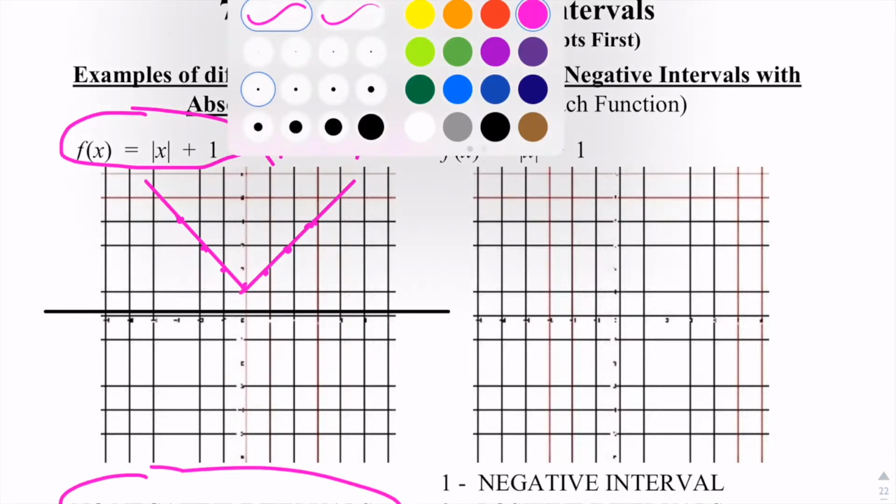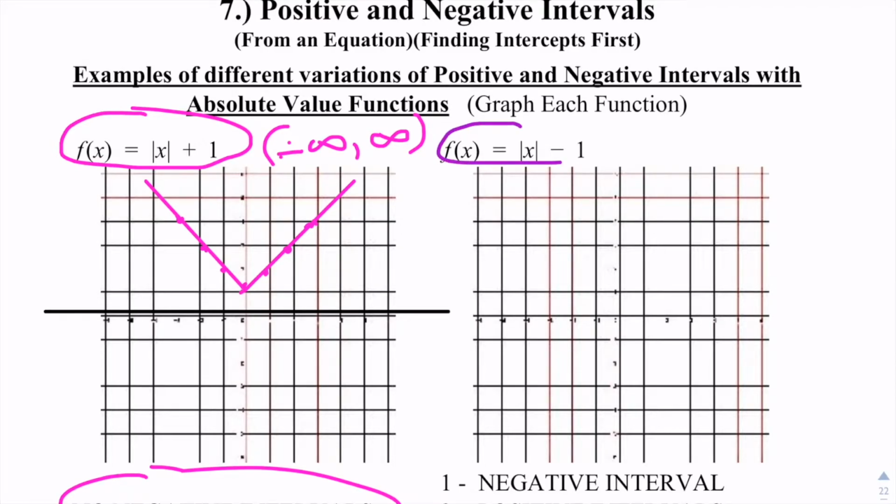Moving on to the next function, we'll do that one in purple. We know that this is the parent function transformed down vertically by 1 unit, so it would go here at 0, -1, and then again we can sketch in this graph.